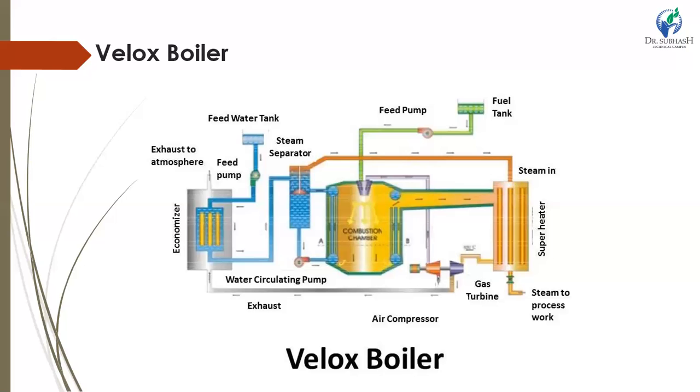The turbine exhaust passes through the economizer to preheat the boiler feed water, and finally is discharged at around 90 degrees Celsius and 120 meters per second to the atmosphere. So this was the working of the Velox boiler.